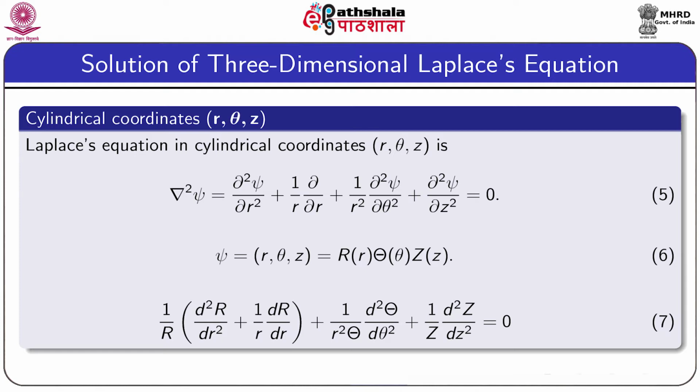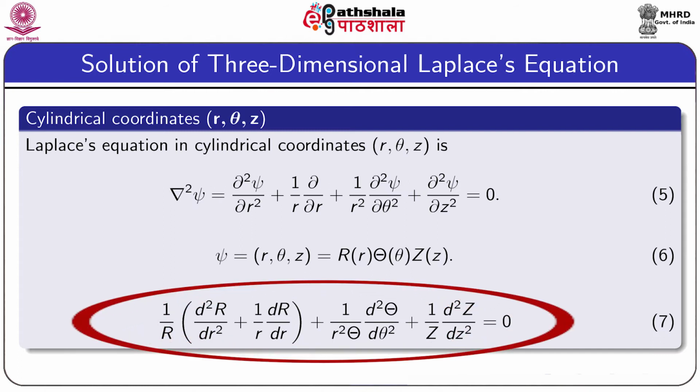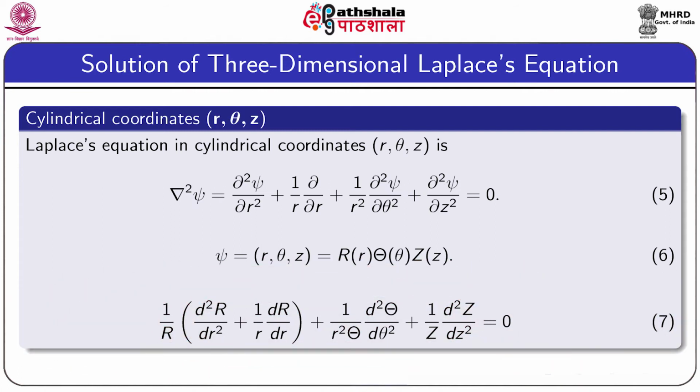For that purpose, we have written psi as a product of functions capital R, capital Theta and capital Z, where R, Theta, Z are functions of small r, small theta and small z respectively. So, if you substitute the expression for psi from 6 into equation 5, we get the equation which is written in equation number 7.